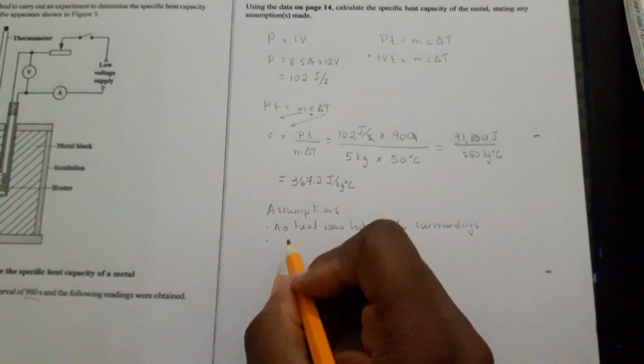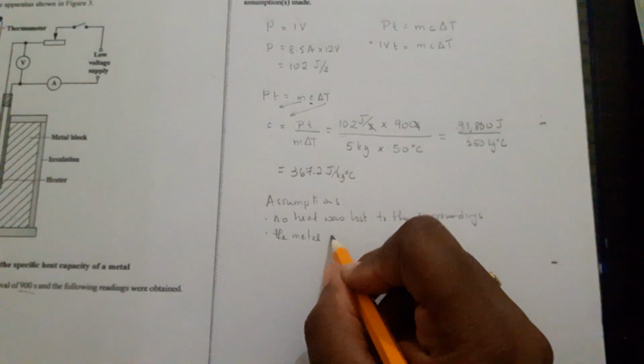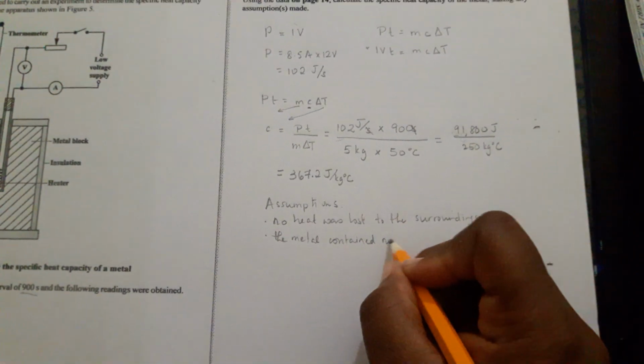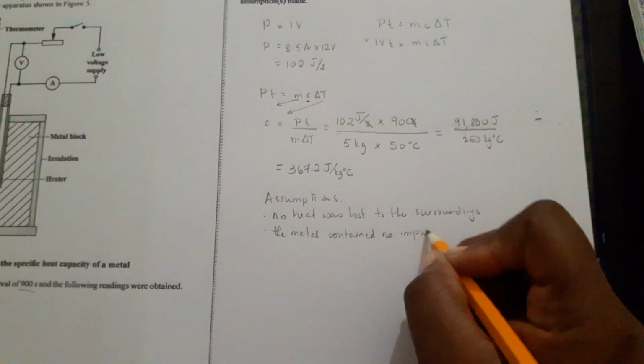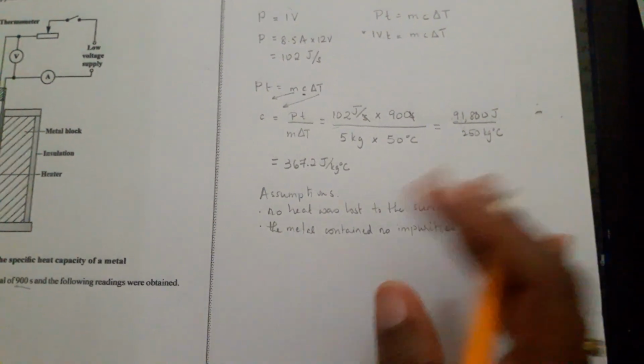And 2, the metal contained no impurities, which could have given inaccurate results.